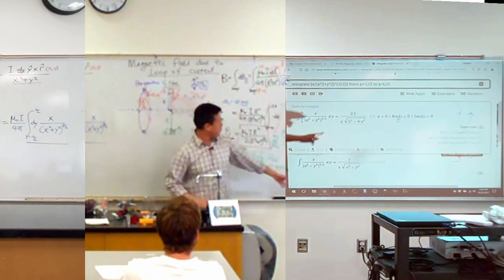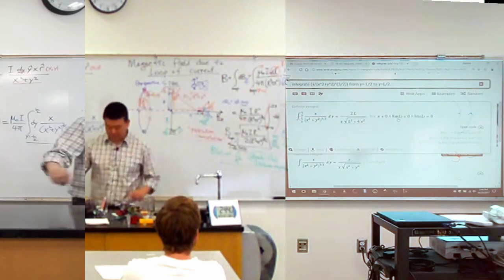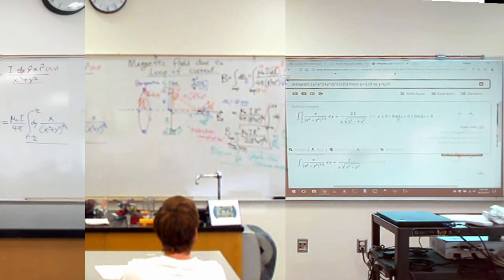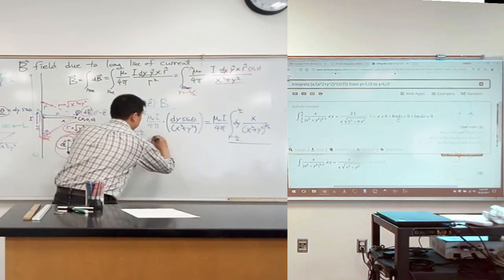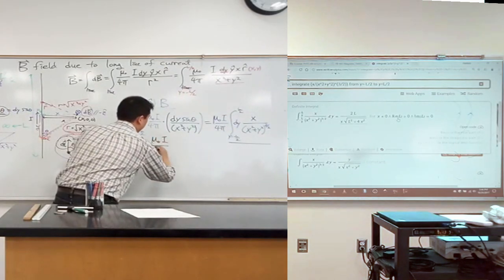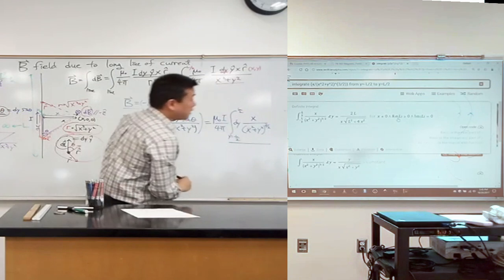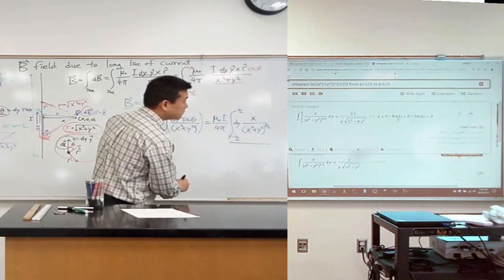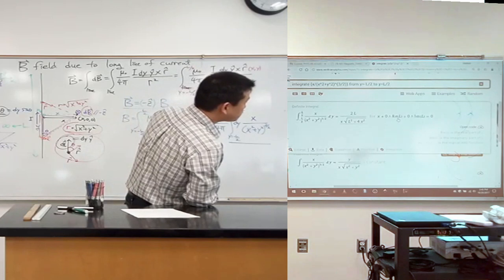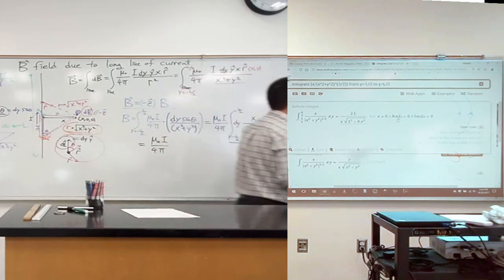All right, so this is my antiderivative. So let me use that and say B is equal to mu naught I over 4 pi times, let me factor out, wait, it's not just the antiderivative.